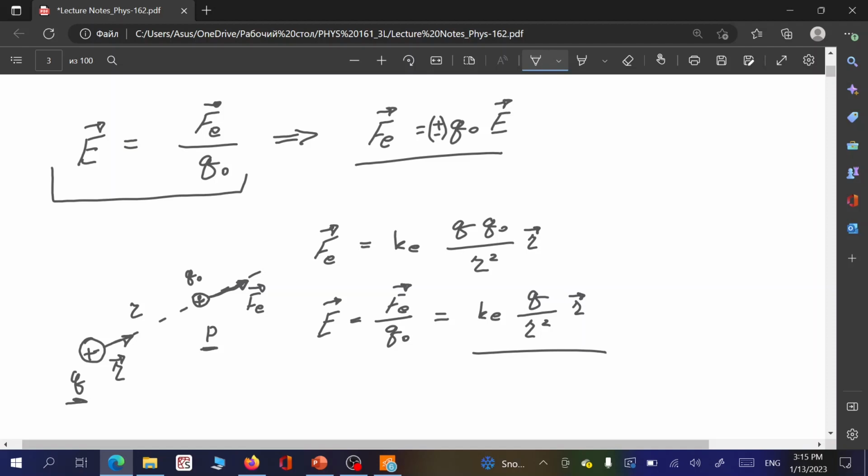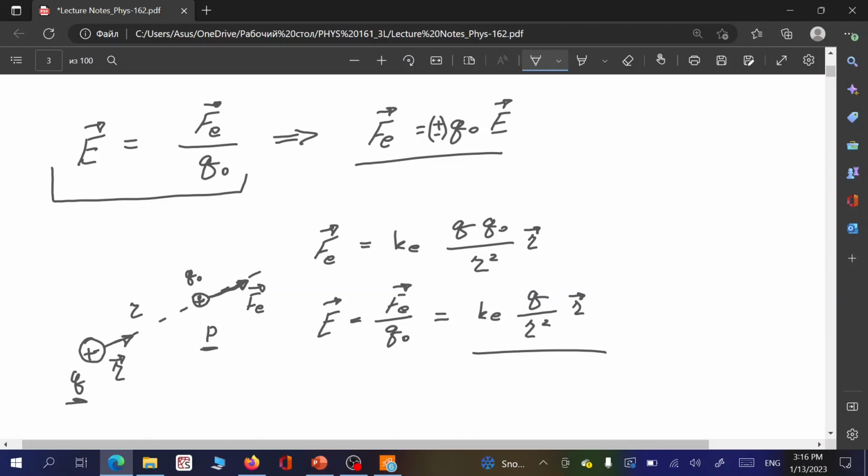So now what we need to highlight here, we have this unit vector r. It's oriented from the source charge, or point charge, to the test charge. And we also need to take into consideration the electric sign of this charge. If it is positive, then the orientation of the unit vector r and the electric field vector will coincide.